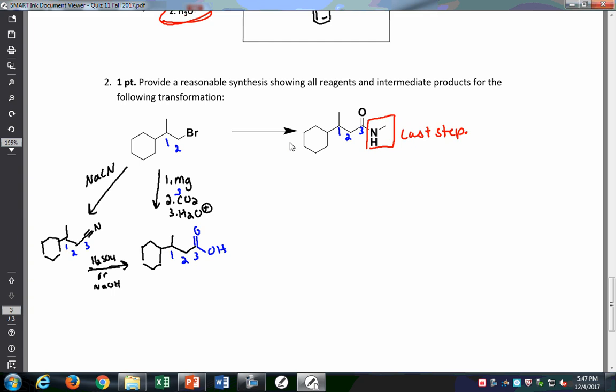Once you form the carboxylic acid, we can't just react this with NH2CH3 because it's really slow. The amine doesn't react real well with the carboxylic acid, but it does react really well with an acid chloride or an anhydride. So if we take our carboxylic acid and react it with SOCl2, we can form the acid chloride.